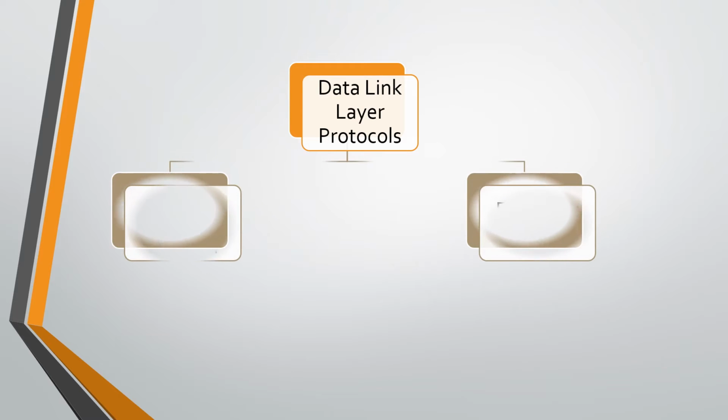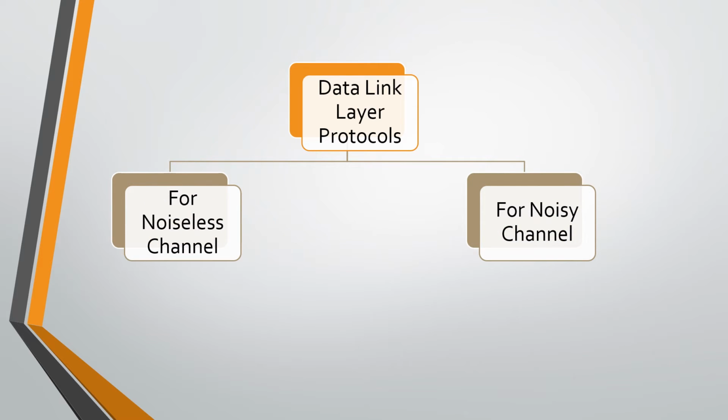Now we will discuss some of the data link layer protocols. Data link layer protocols combine framing, flow control and error control to achieve delivery of data from one node to another. These protocols are divided into two types: protocols for a noiseless channel and protocols for a noisy channel. Protocols for a noiseless channel cannot be used in real life.